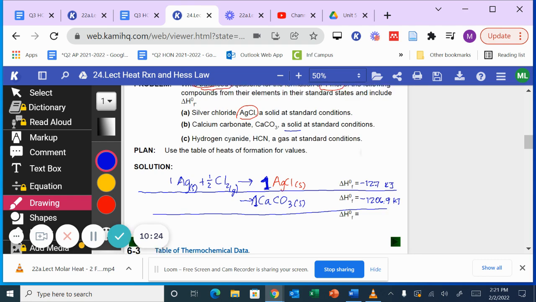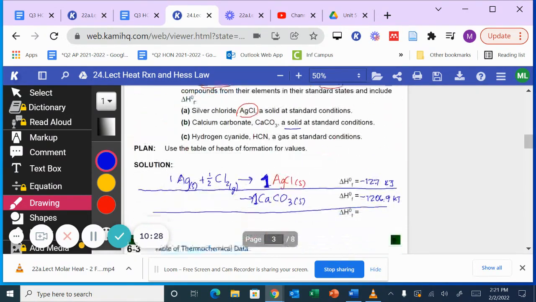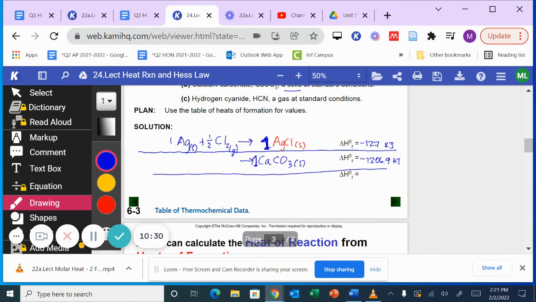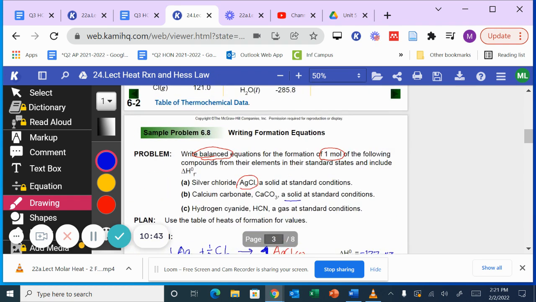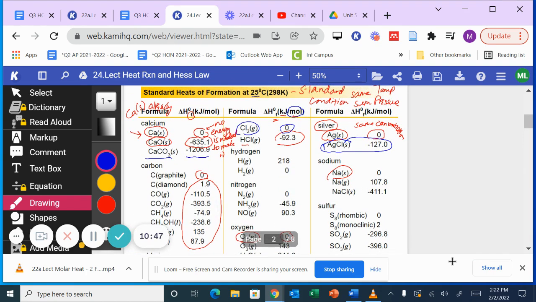Okay? Let me just make sure it's right. Negative 1206.9. Okay, so to make that, I need to mix calcium, I need to mix carbon, and I need to mix oxygen. Okay. Calcium naturally occurs as a solid, is a 0.